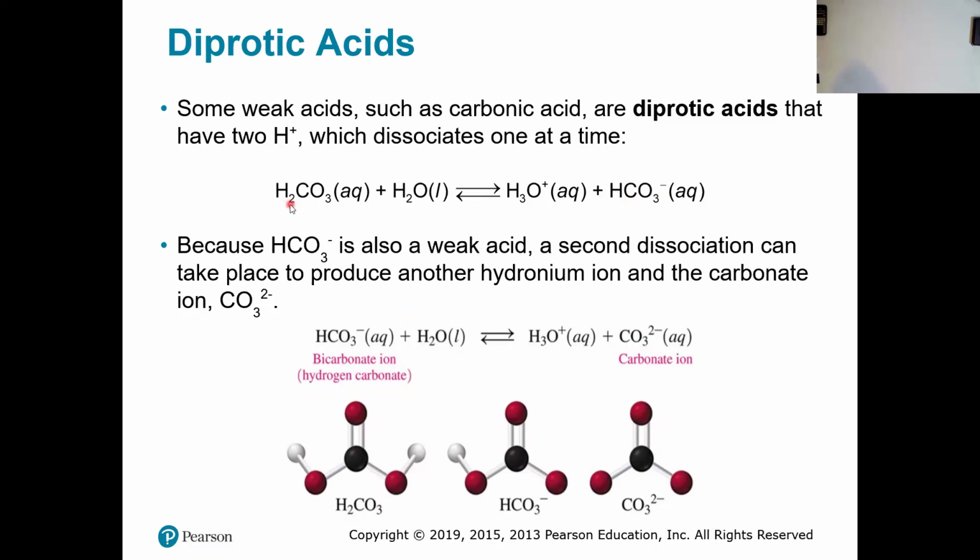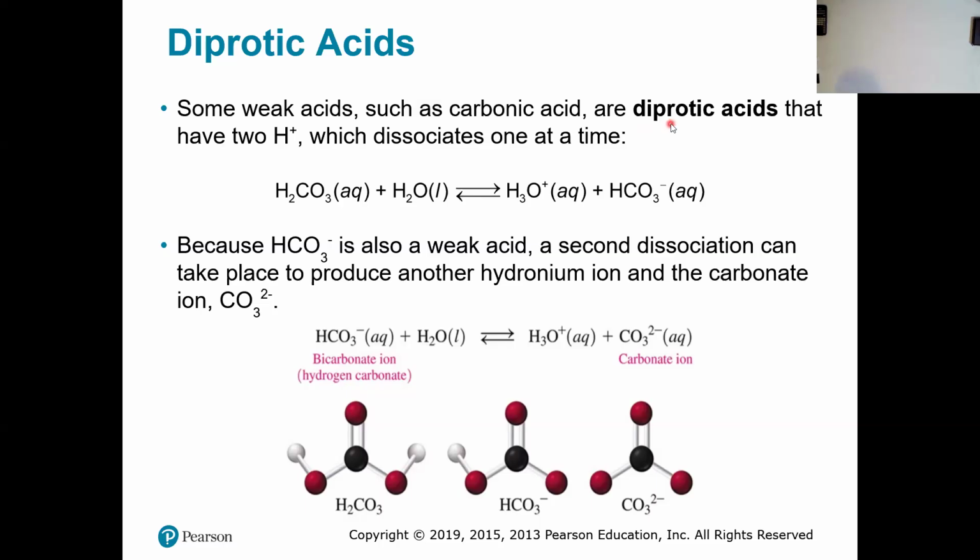And remember that H plus ions are also called protons. And so if you have an acid that starts out with 2 hydrogens in the front, that type of acid is called a diprotic acid because you can release 2 protons into solution when it separates.